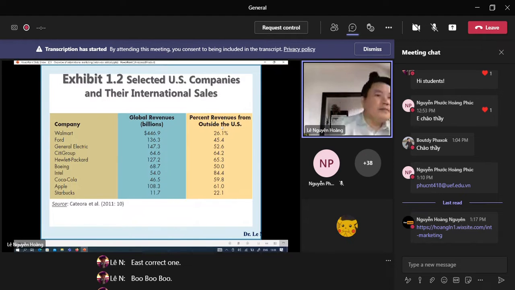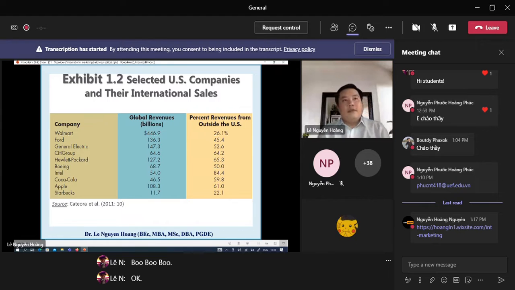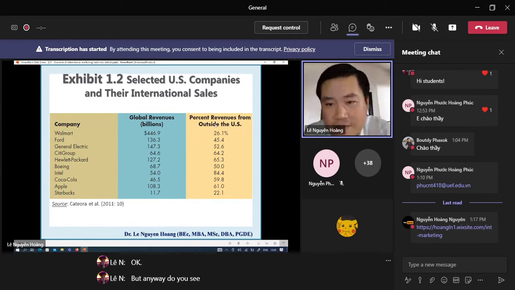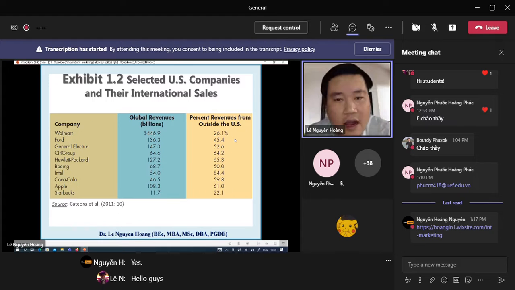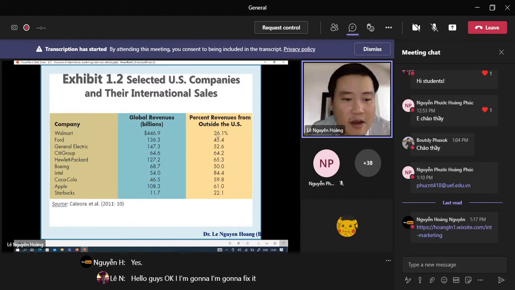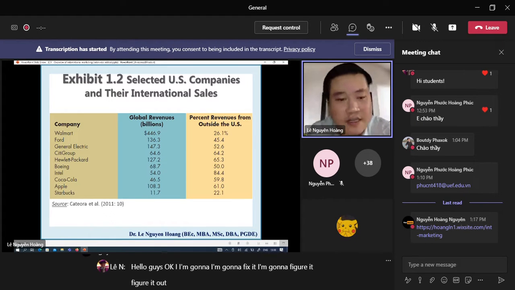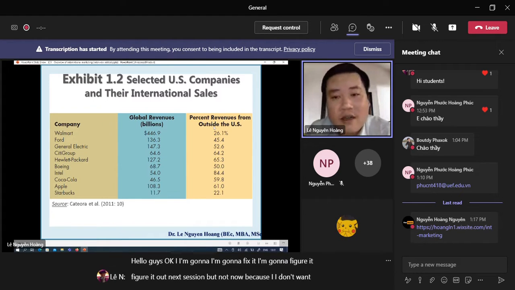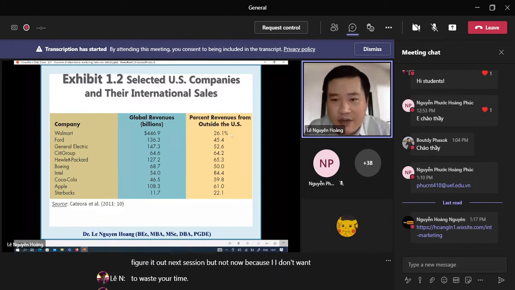Anyway, do you see the mouse? I'm going to figure it out next session, but not now because I don't want to waste your time. You see the mouse here, right?